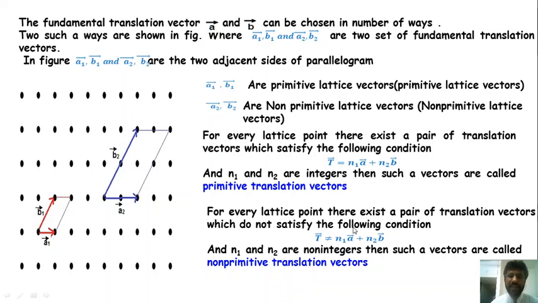But for every lattice point, there also exists a pair of translation vectors which do not satisfy the condition, such that vector T is not equal to n1 a plus n2 b, and if n1 and n2 are non-integers, then such vectors are called non-primitive translation vectors. Therefore, the primitive translation vectors must satisfy this condition of the translation operation, while the non-primitive translation vectors do not.